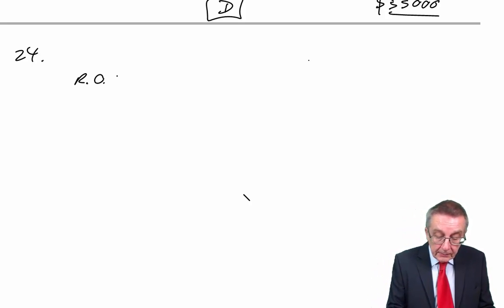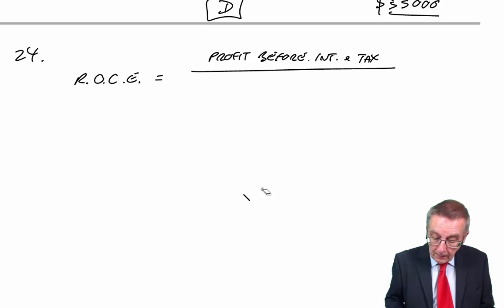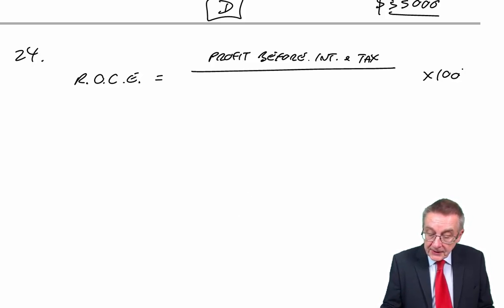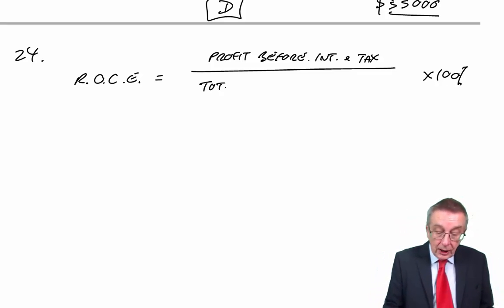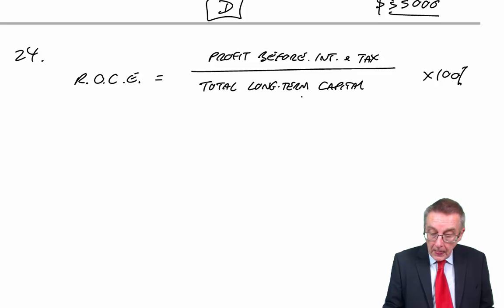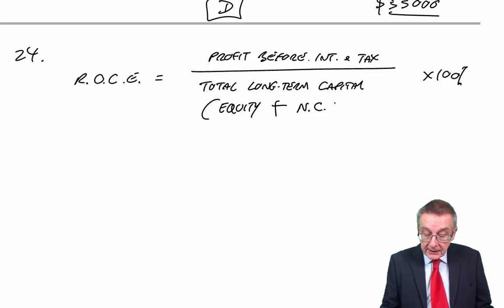For the return on capital employed, we take the profit before interest and tax, or the operating profit, and we express it as a percentage of the total long-term capital, which is your equity, your shareholders' funds, plus non-current liabilities.